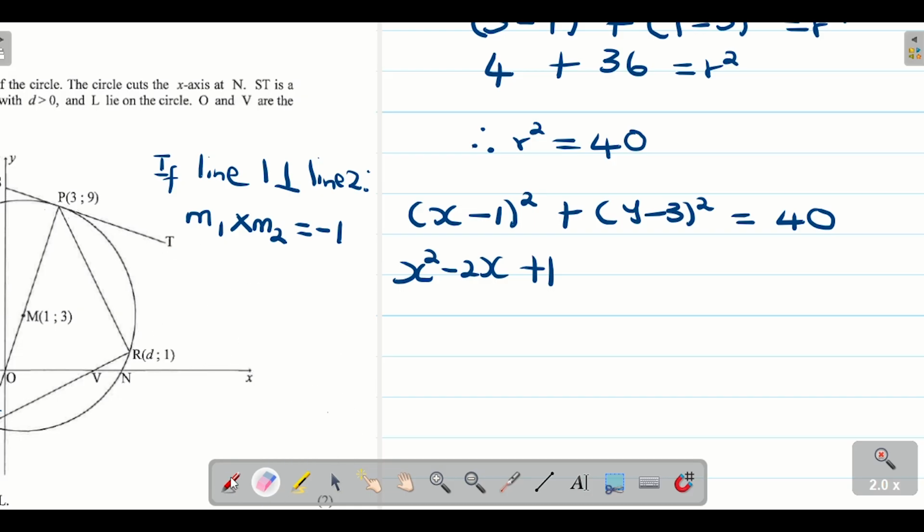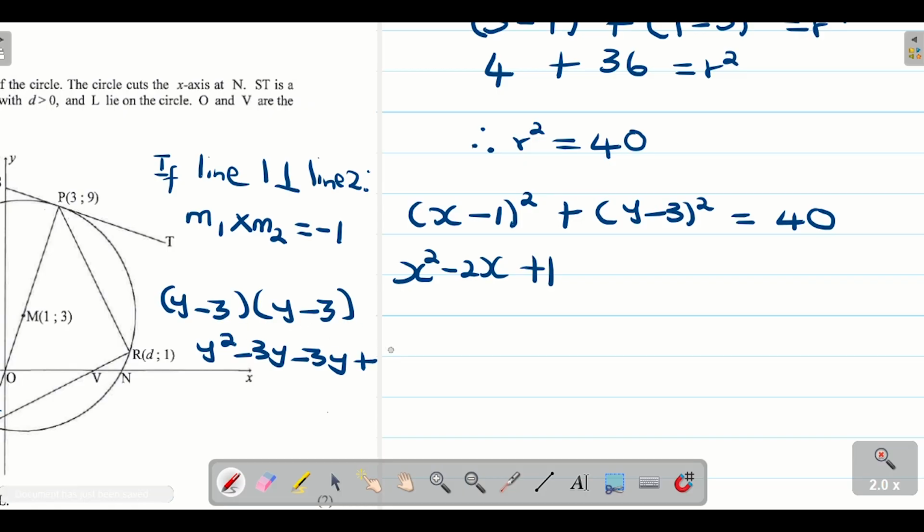Then we can simplify this one, y minus 3 squared. We know it means it's 2 brackets, y minus 3 and y minus 3. So we're going to say y times y, which will give us y squared. y times minus 3 is going to be minus 3y. Minus 3 times y will give us another minus 3y. Negative times negative is a positive. 3 times 3 is 9. So we're going to end up with y squared.